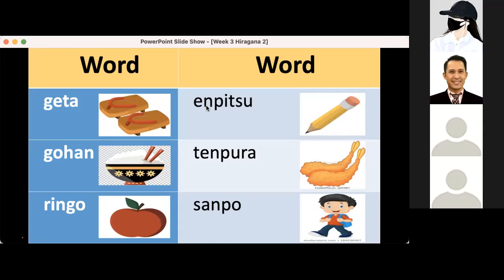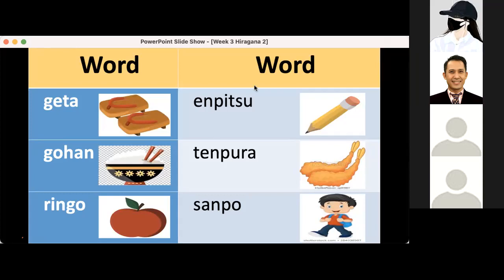Pero yung tunog niya po ay hindi siya N. Parang pag pinakinggan natin, parang M yung tunog, no? Halimbawa, impitsu. Na instead of saying enpitsu, magiging mpitsu. Tempura.